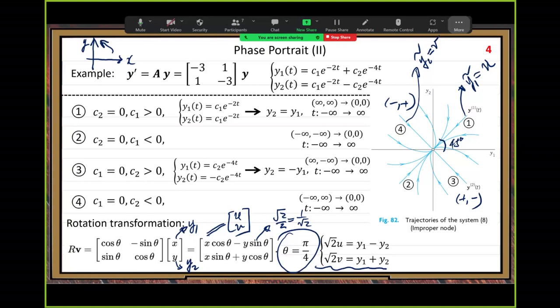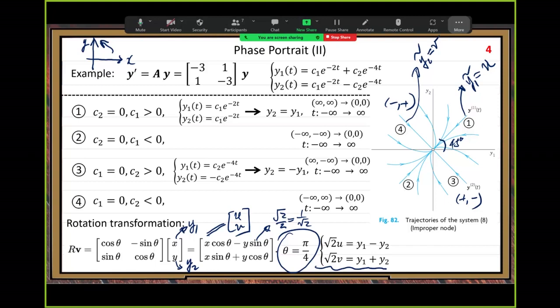Then we multiply by the rotation matrix, which does a theta rotation, counterclockwise. The rotation result is uv.